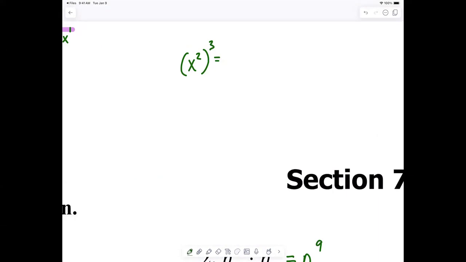I asked, what does it mean? No. It means x squared times x squared times x squared. Everybody write that down. Anybody have a problem with that? So what is x squared times x squared times x squared?